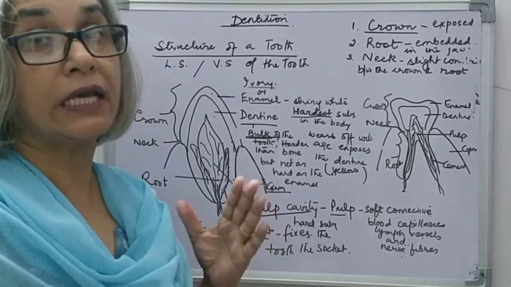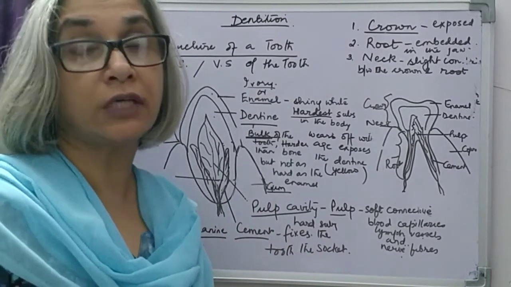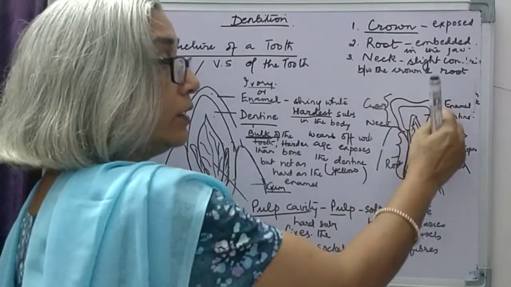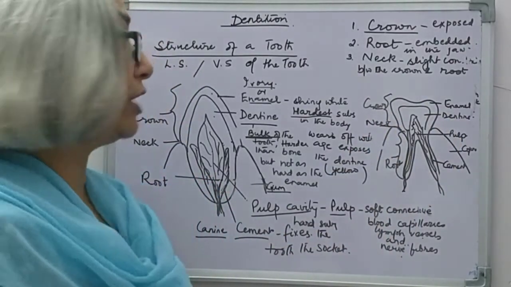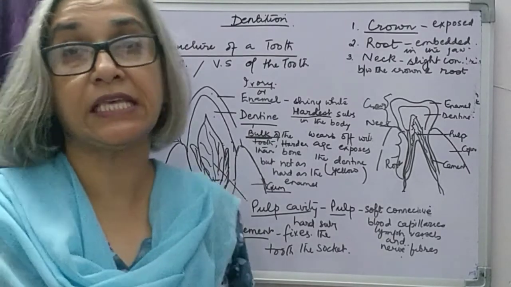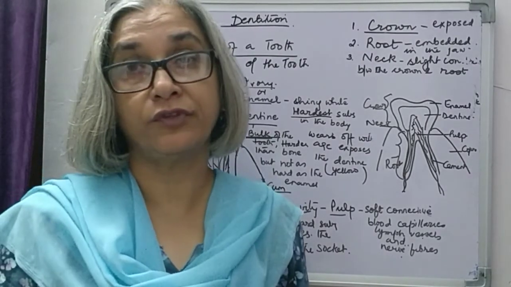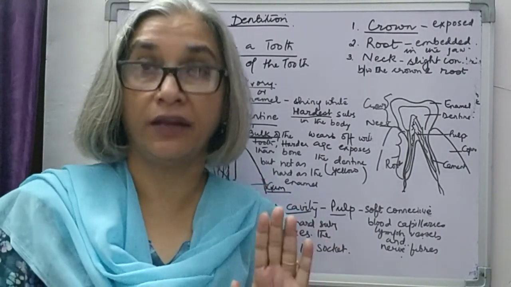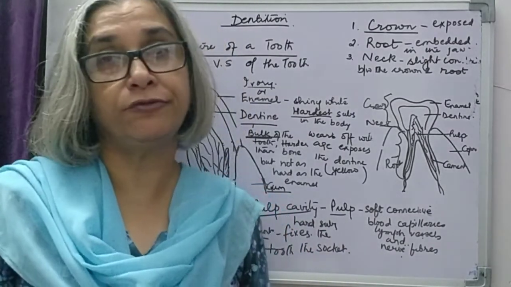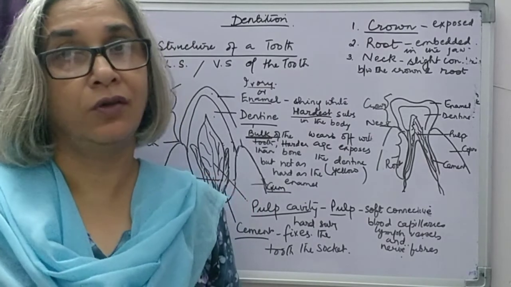And cusps in the premolars are 2, whereas in the molars the cusps are 3 to 5. So this is a general structure of a tooth which is the same for all kinds of teeth, though the teeth are heterodont, meaning of different kinds to perform different functions.